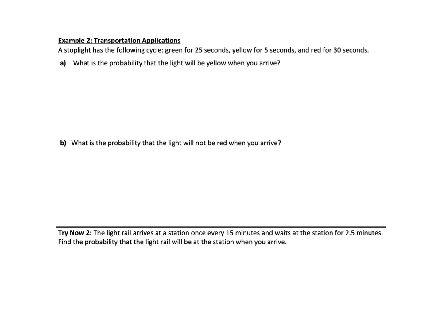Now let's try a real-world application of the length model. Suppose that a stoplight has the following cycle: green for 25 seconds, yellow for 5 seconds, and red for 30 seconds. Let's draw this out like a segment length. So we have the first 25 seconds, the light is green.